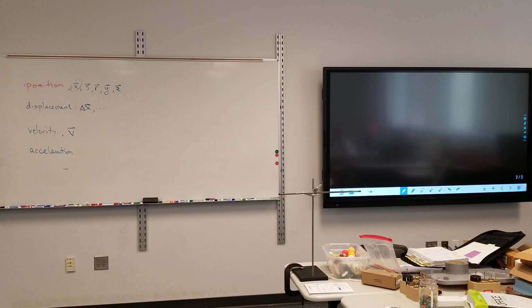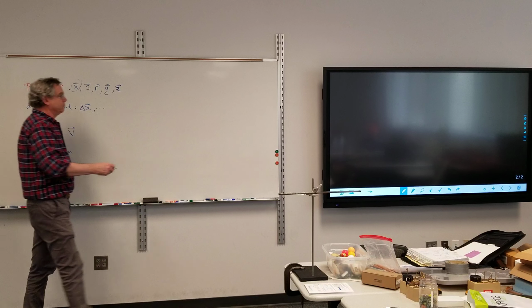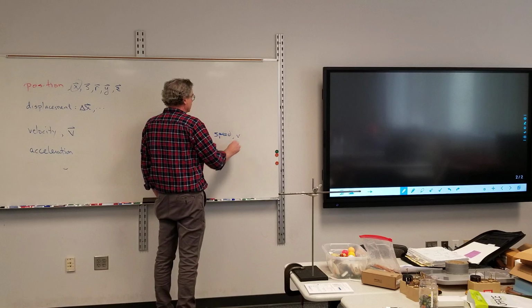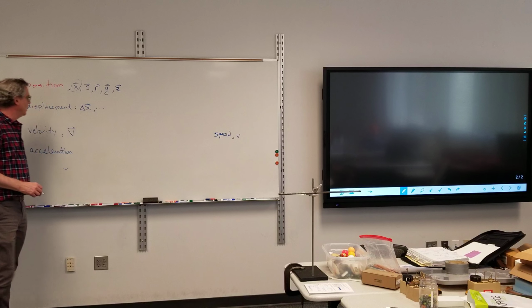If it doesn't have the vector symbol over it, what is it? What does it represent? Is it speed? Yes, it is. So we have some speed over here. What about displacement?